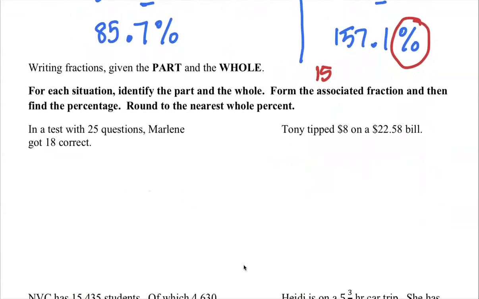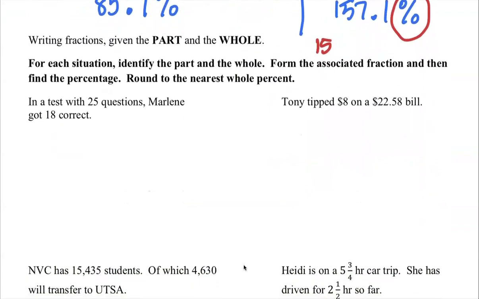Let's see, writing fractions, given the part and the whole. For each situation, identify the part and the whole, form the associated fraction, and then find the percentage, rounded to the nearest whole number. In a test with 25 questions, Marlene got 18 correct. Sometimes it's easier to identify the whole thing first, which is the 25 questions.